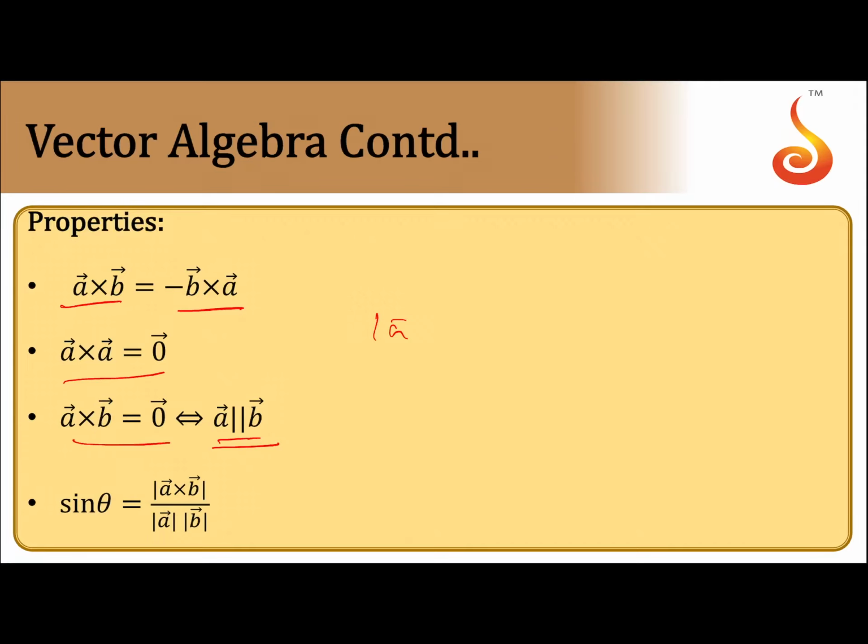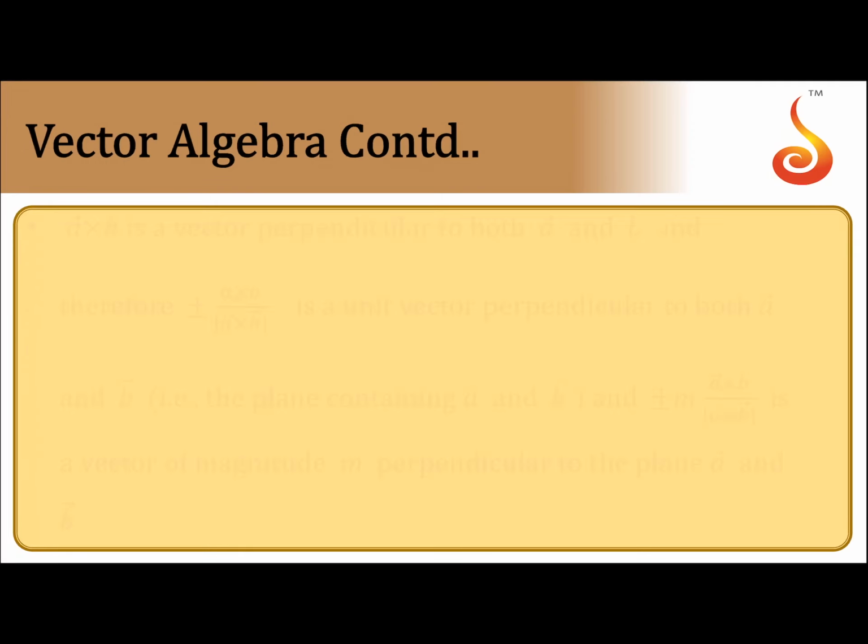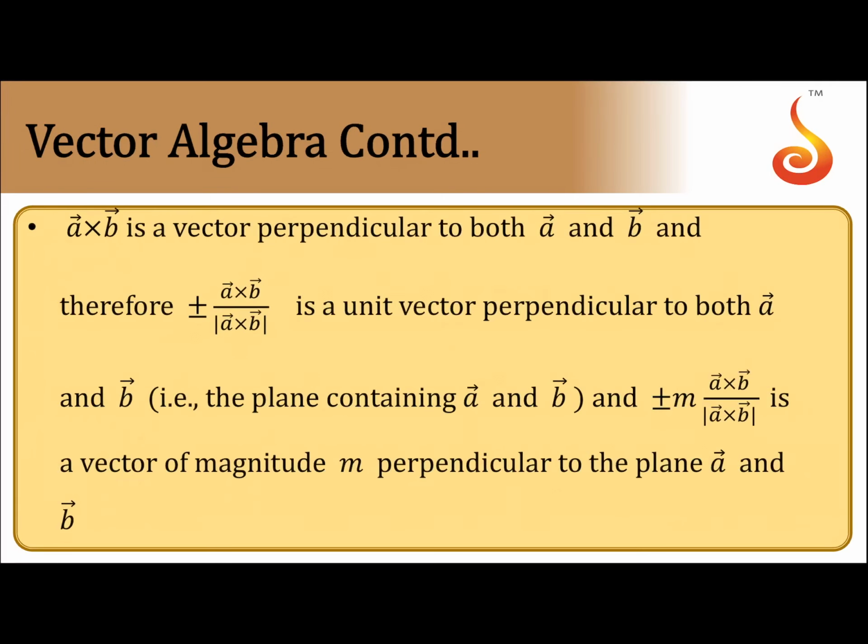And as you know, the definition of A cross B is mod A mod B sine of the included angle times a unit vector, so modulus of A cross B equals mod A mod B sine theta. Therefore, sine theta is equal to mod A cross B divided by modulus A modulus B.